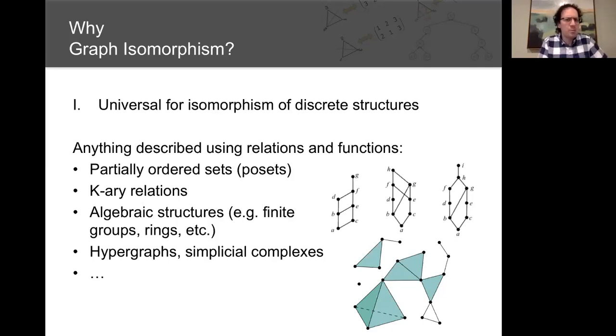In the same way as we say, why do we look at SAT? It's NP complete. Well, that's a good reason to look at it because it means better algorithms for SAT can be used for thousands of problems. There's a similar thing happening here, although it's not NP complete, it's a different kind of universality.